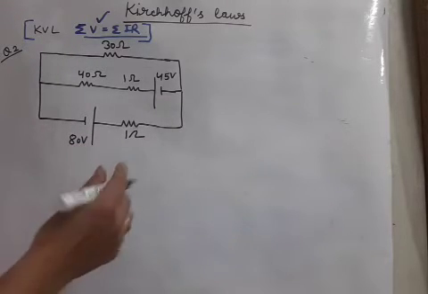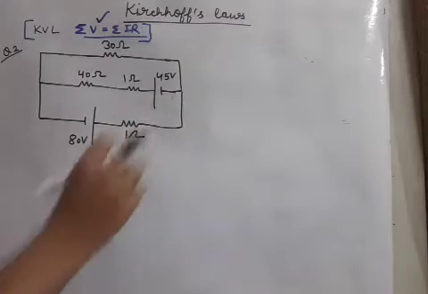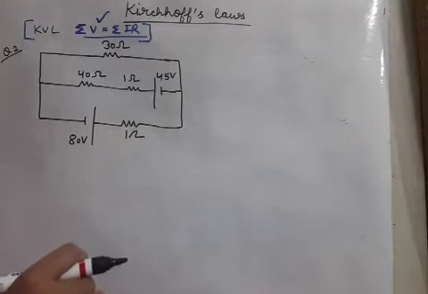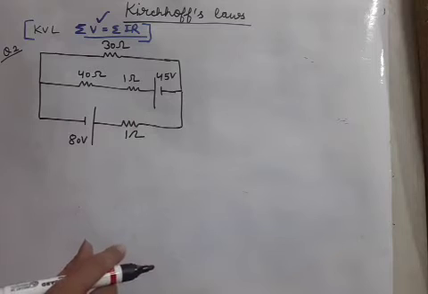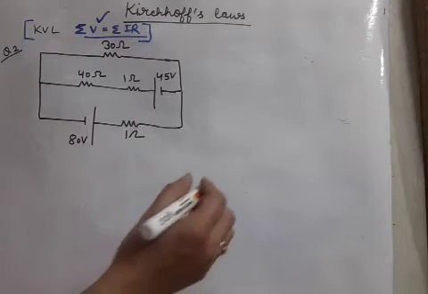Before starting this question, I will tell you that if in a single loop two or more batteries are appearing, then when they are added and when they are subtracted.